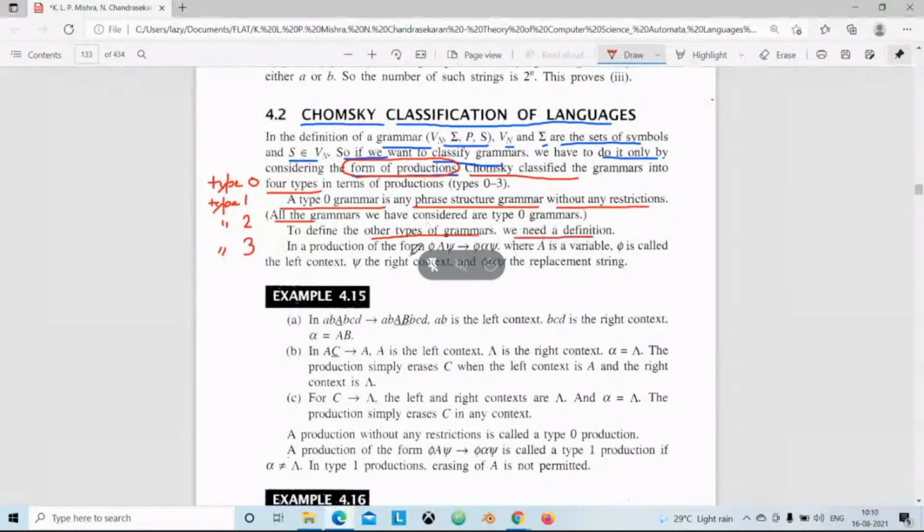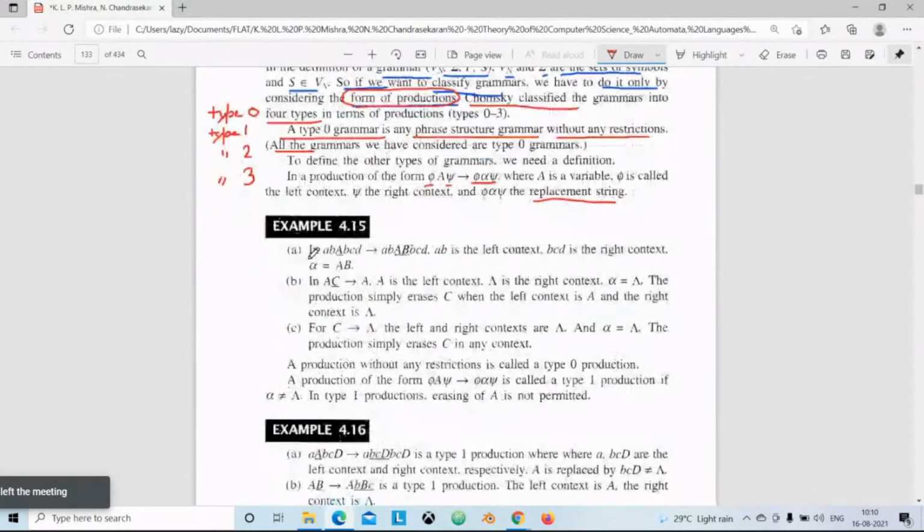In a production of the form φ A ξ → φ α ξ, where A is a variable, φ is called the left context and ξ is the right context, and φ α ξ is the replacement string. We have to keep this form in mind while observing the productions.